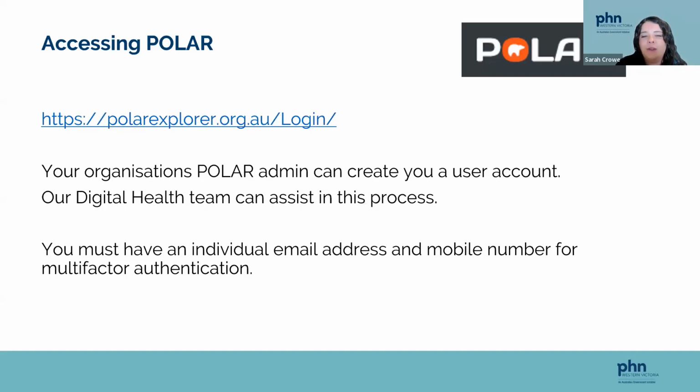And just letting you know that to have a Polar account, you do need an individual email address, hopefully a work one. And you also need to pop in your mobile number. That is not for anyone to contact you. It's just for multi-factor authentication because the information sitting within Polar is very private to your clinic.